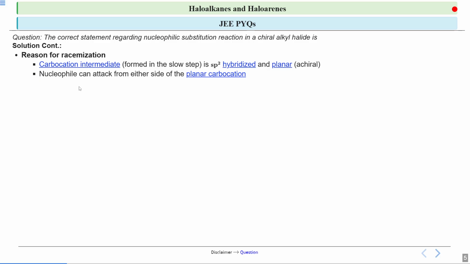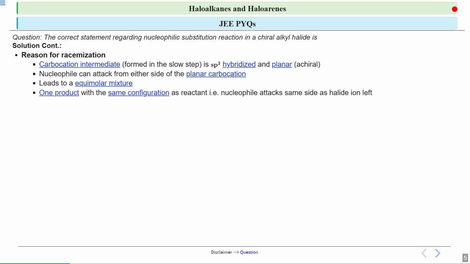And due to this, the nucleophile attacking on the carbocation can attack from either side of the planar carbocation. From either side, it can attack on the carbocation, leads to an equimolar mixture of the products, where one product will have the same configuration as the reactant configuration, and this happens when the nucleophile attacks on the same side as the halide ion left.